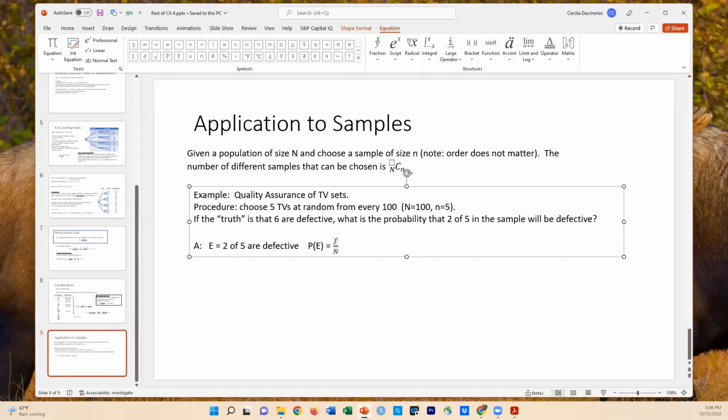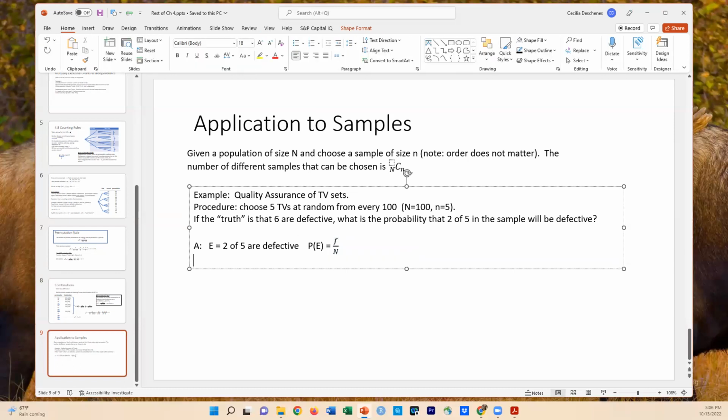Okay, so the first thing we're going to want to do is we want to get the N. And this is just going to equal the number of possible samples. We already saw that we can get that. Let me see if it's still in my buffer.